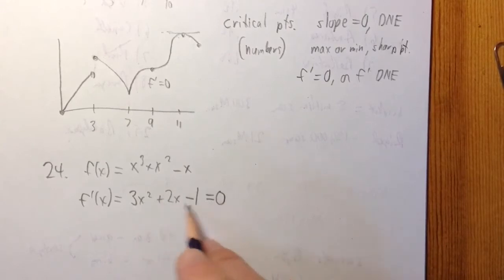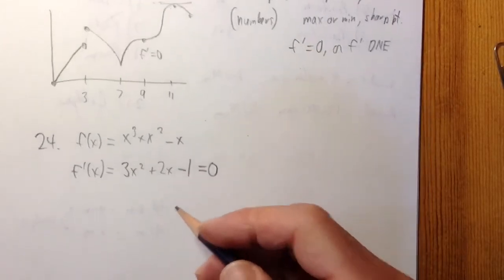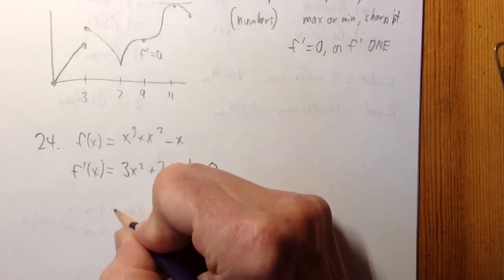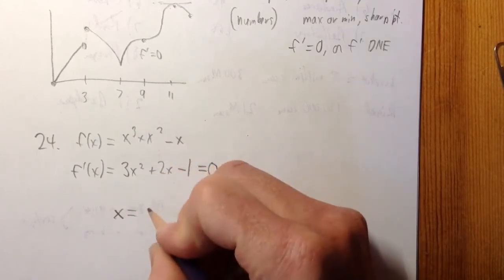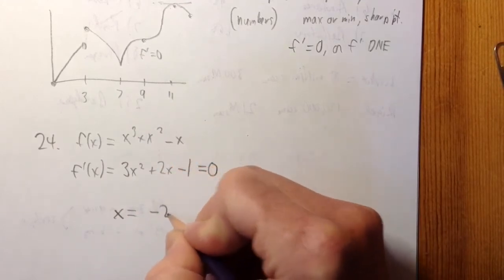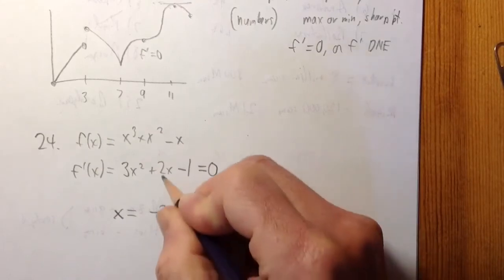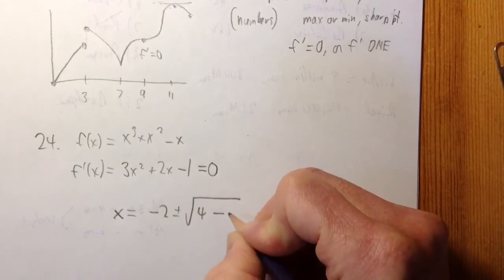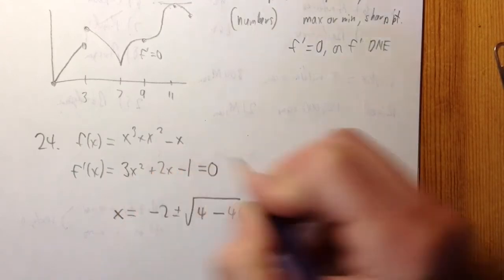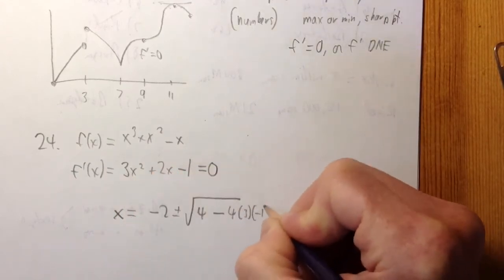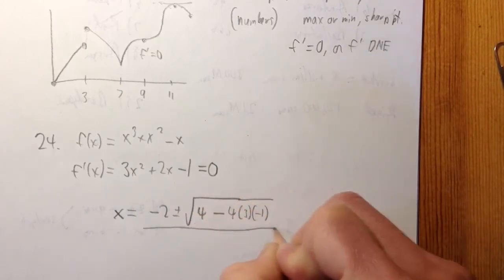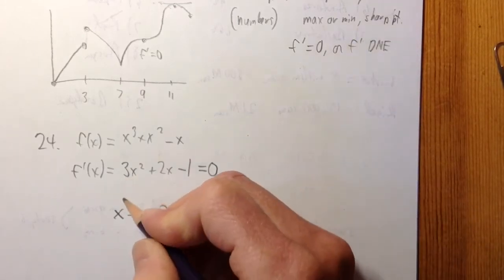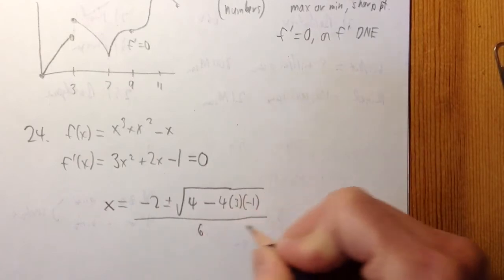So now it's just a matter of hoping it factors, or we use the quadratic formula. Looks like it's not going to factor, so we have to use the quadratic formula. So where does that equal 0? x is equal to negative b, that's negative 2, plus or minus the square root of b squared, 2 squared is 4, minus 4ac, so 4 times a is 3, c is negative 1, all over 2a, a is 3, so 2a is 6.